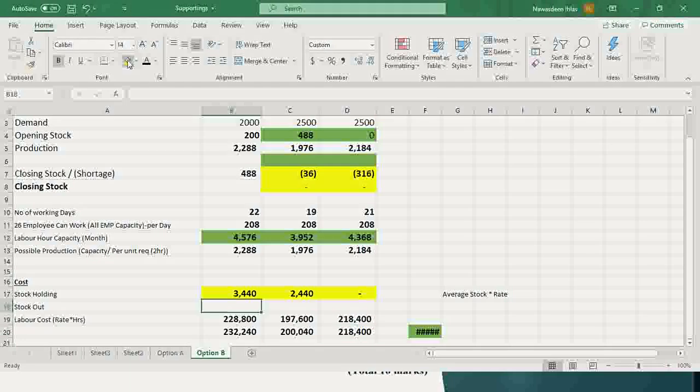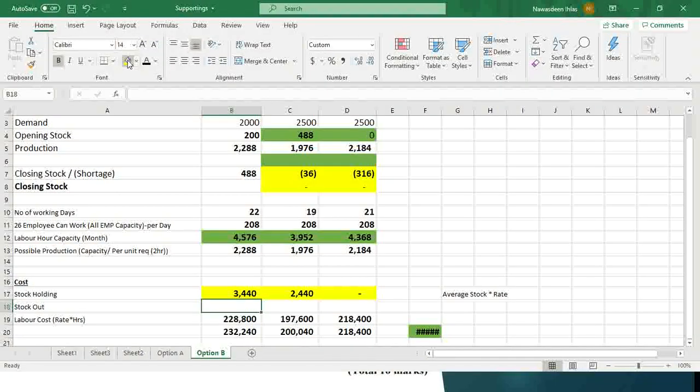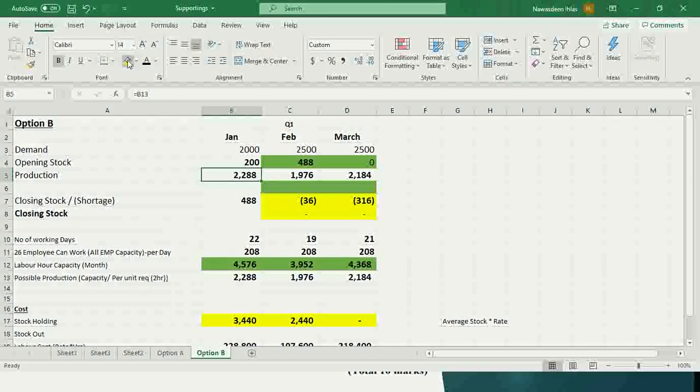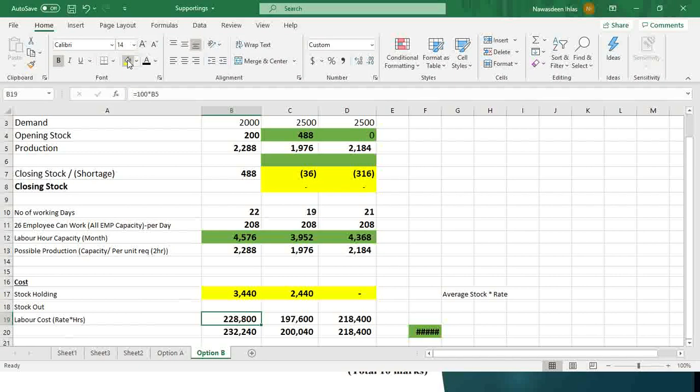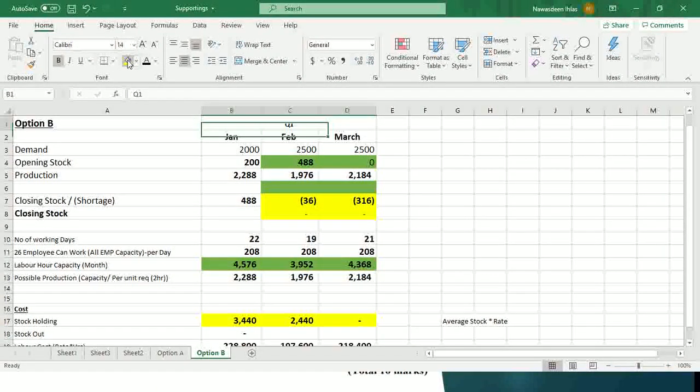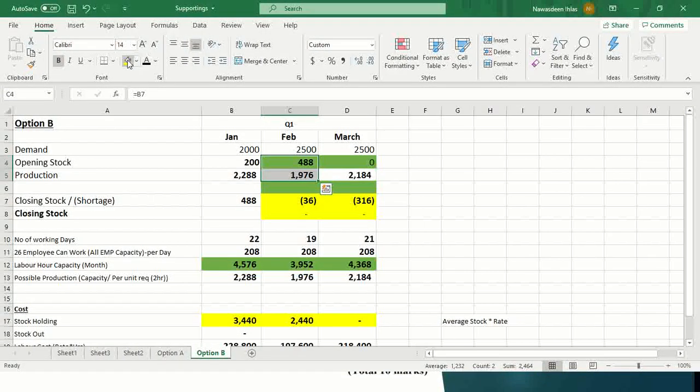Stock out cost. In January, opening stock is there, closing stock is there. We are having a stock at the end of this month, which means there is no shortage. So there is no stock out cost in January. In February, demand is 2,500, but we are having only 2,464, which means there is a shortage of 36.